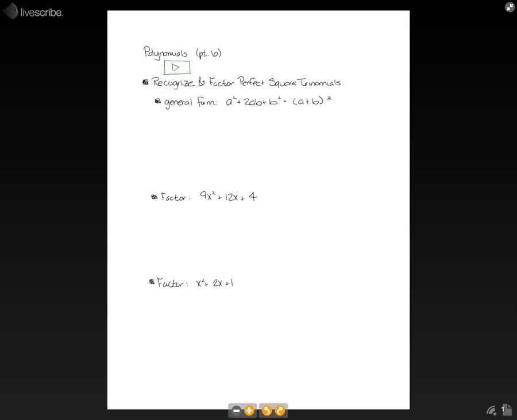Just to show how this came about, if we start with a plus b quantity squared, we can work our way backward into this original expression.